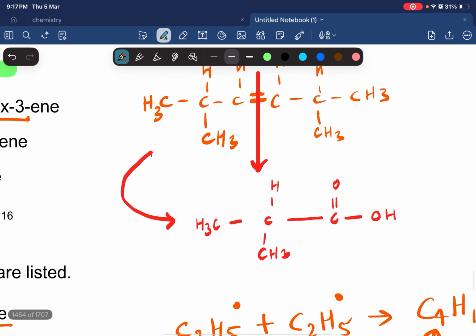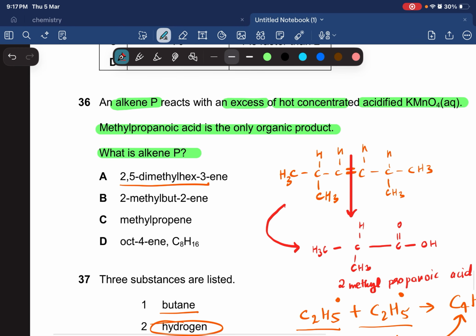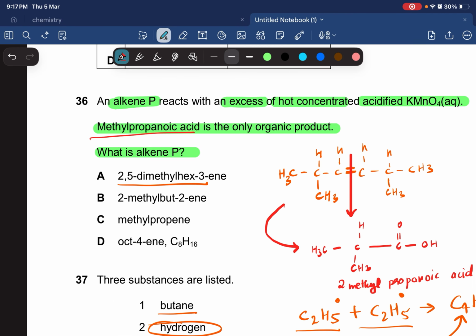And what do I call it? 1, 2, 3, propanoic acid. 2-methyl propanoic acid is what I'm going to form. 2-methyl propanoic acid and methyl propanoic acid are the same thing. Why?